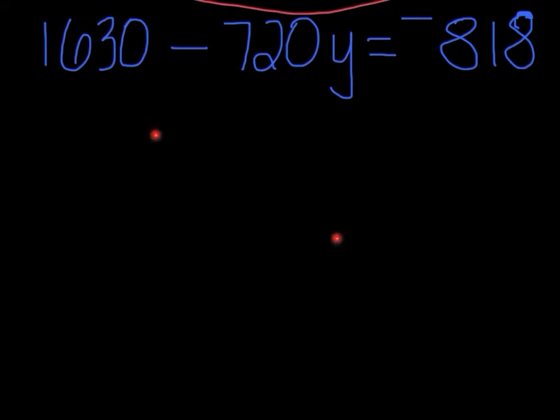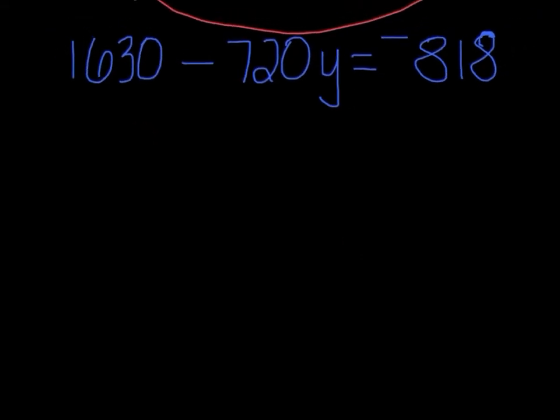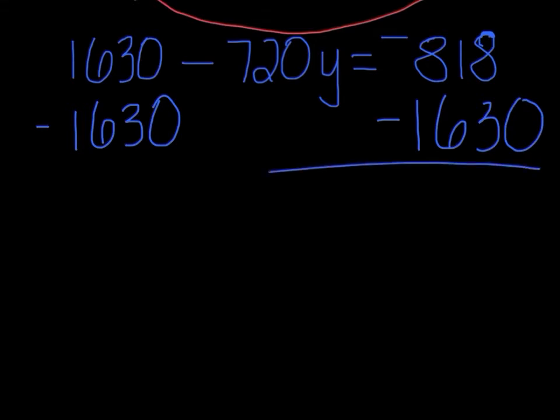So in order to do that, I think it makes the most sense to subtract 1,630 from both sides of the equation.